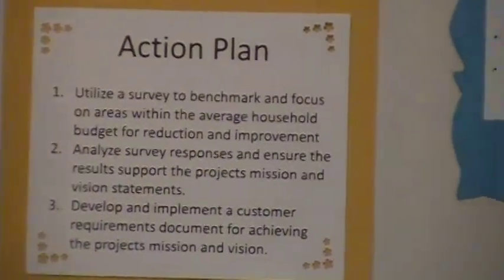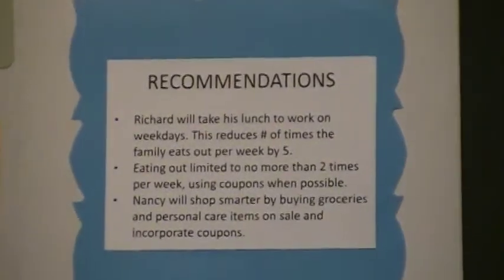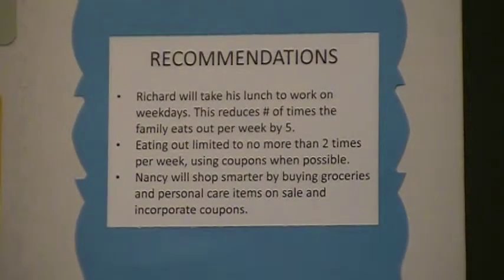The recommendations that I came to after reviewing all of the data are, if my husband Richard takes his lunch to work on weekdays, this saves at least $50 a week. It's 5 times a week less of eating out, which is a huge expense for anybody. I'm sure some of you probably eat out a lot more than you realize if you count those little trips to McDonald's and so on.